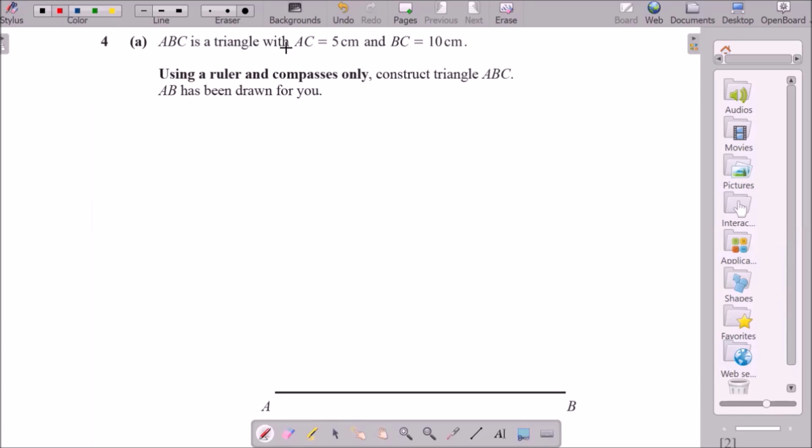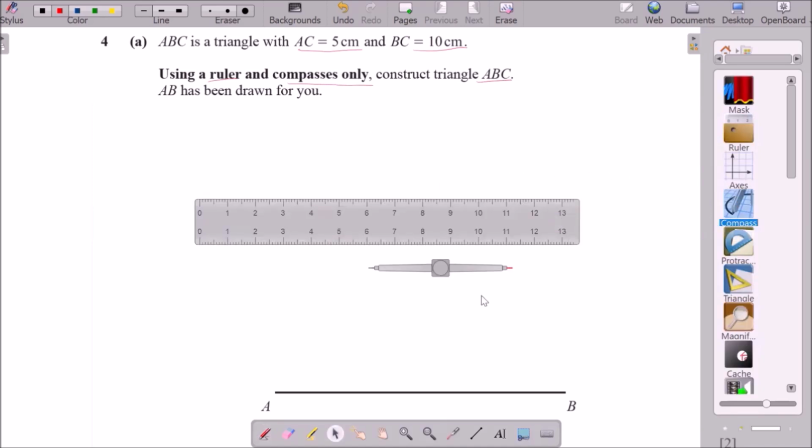ABC is a triangle with AC 5 centimeters, BC 10 centimeters. Using a ruler and compasses only, construct triangle ABC. So what we need is a ruler and compasses only. AB has been drawn for you, so this is AB.